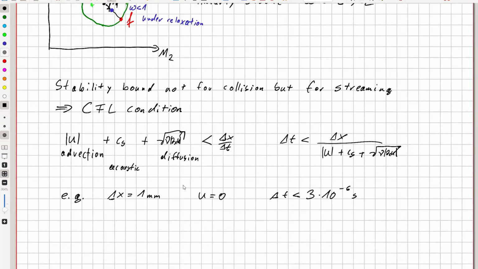What you can do is use a different speed of sound. This is often done. If you run your simulation with an incorrect Mach number, you can often increase your time step because the CFL condition becomes less severe.